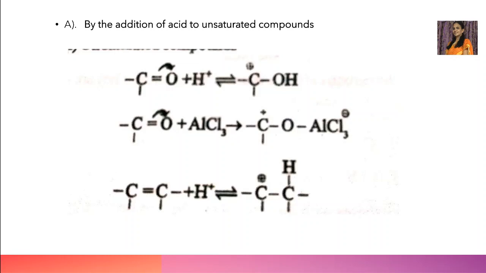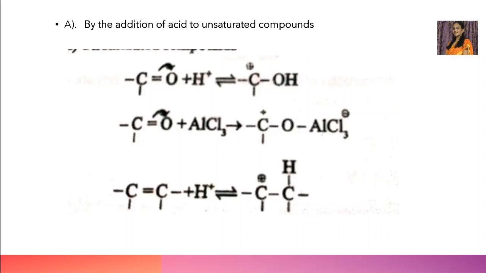Now let us see this one, C double bond O. This is the carbonyl group. When H plus is added, what happens? The polarization of this bond is towards oxygen, as oxygen is more electronegative. Then this oxygen captures this proton and it becomes OH, and this carbon has a positive charge. So this is one method in which, by the addition of acid to an unsaturated compound, carbonium ions are produced.